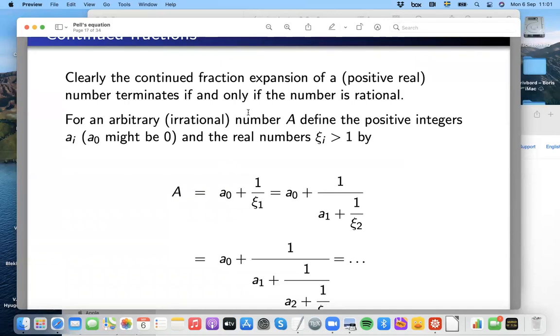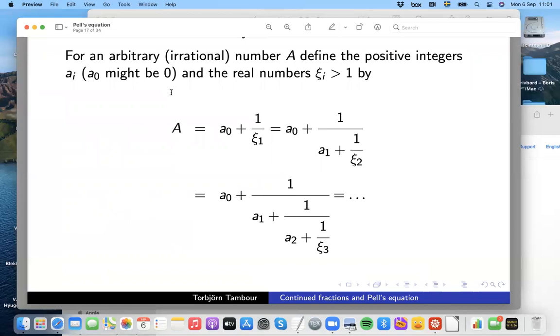You can stop this process, say, after some number of steps. And you'll be getting a sequence of positive integers, and this remainder would be some real number bigger than 1.